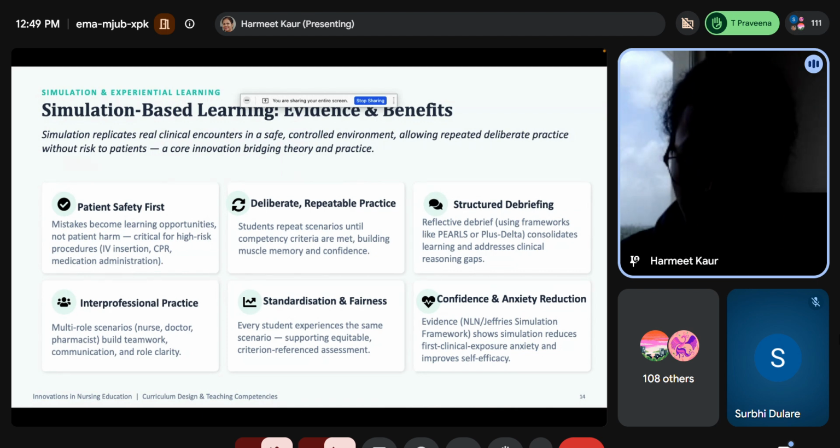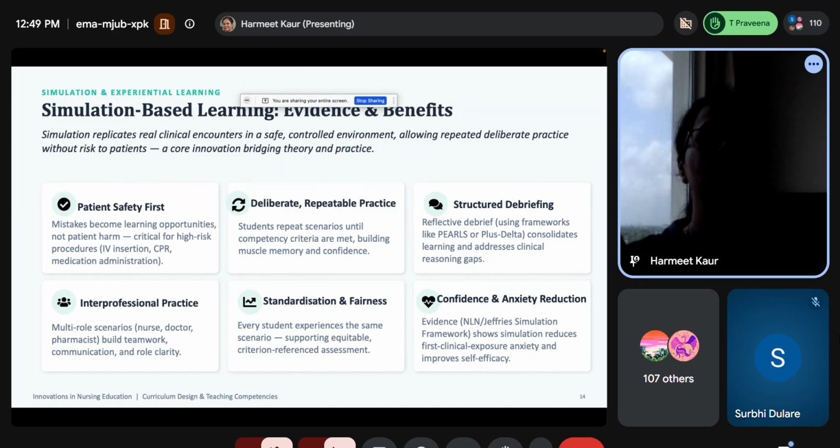I'm not judging you for anything. Even if you do anything wrong, I'm not going to give you any wrong marks for that, or make any judgment about you. We have to be open. Once you say this statement, students will become really at ease and they will be able to do better in that scenario. So this standardization and fairness helps in better learning.